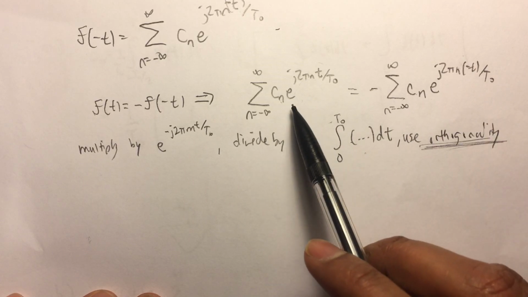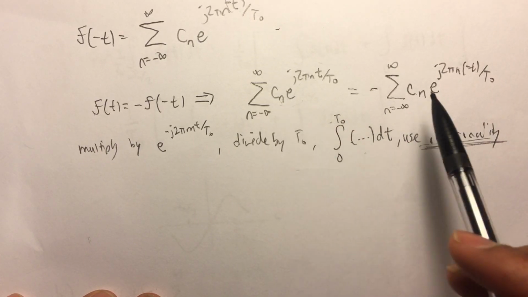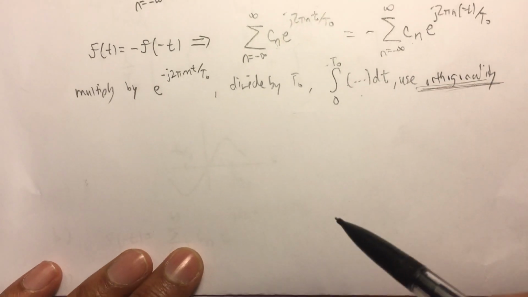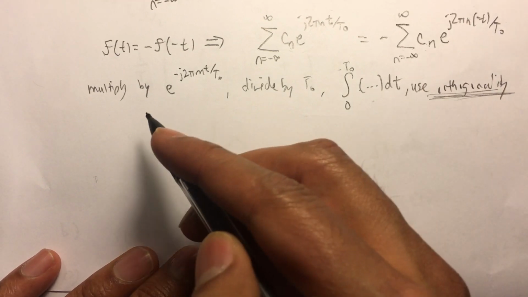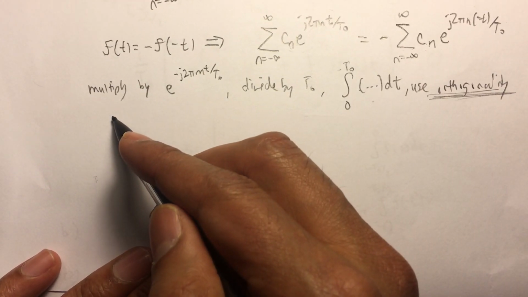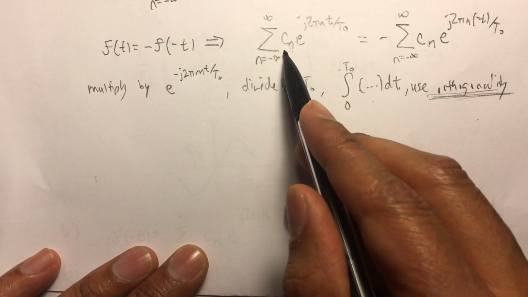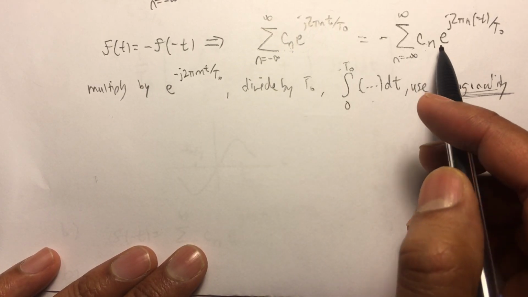So if these were like polynomials or something, you wouldn't necessarily be able to equate these two. Okay, so this is very specific to complex exponentials, and so we have to mention orthogonality. But if we do that, then we can just match terms.